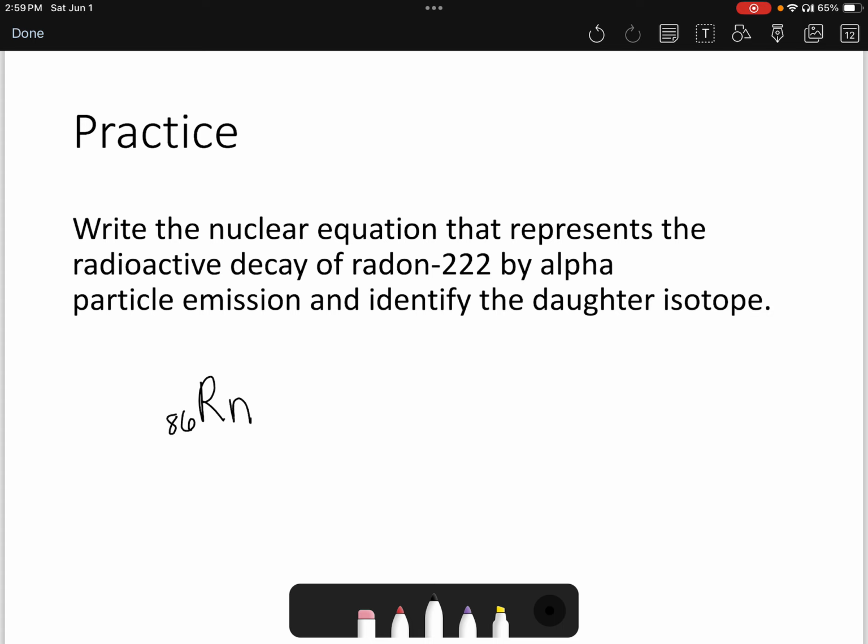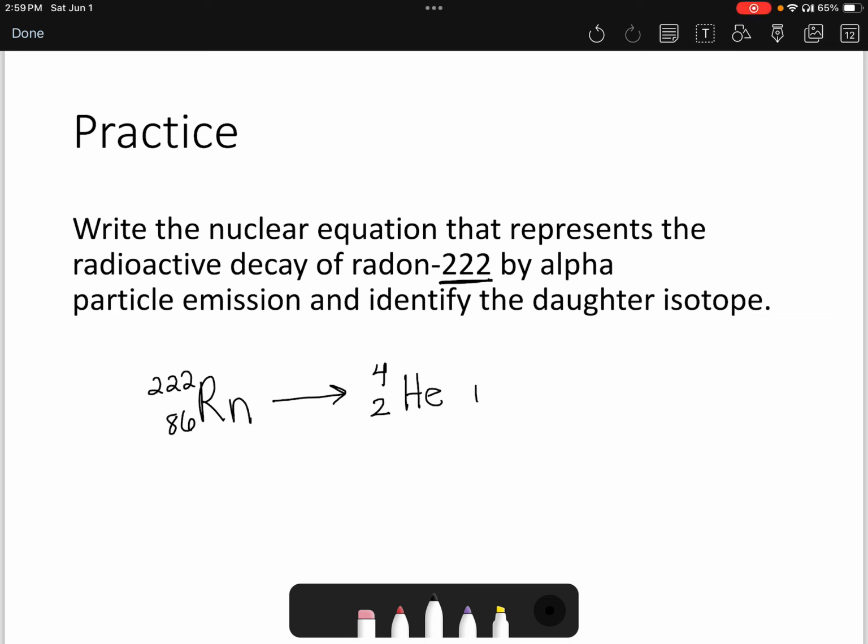So we'll write that on the bottom left. And then we were already told the mass number. It's 222. So when radon emits an alpha particle, remember an alpha particle has a mass of 4. It has 2 protons.